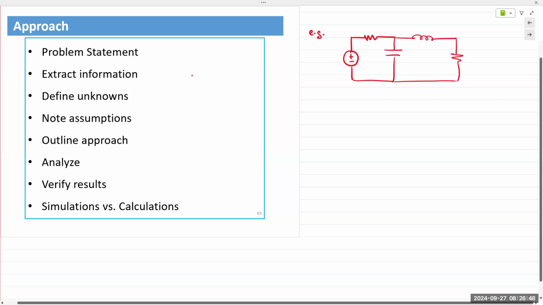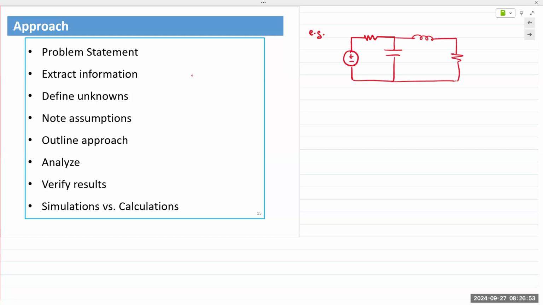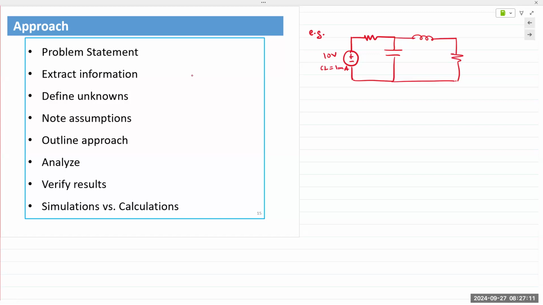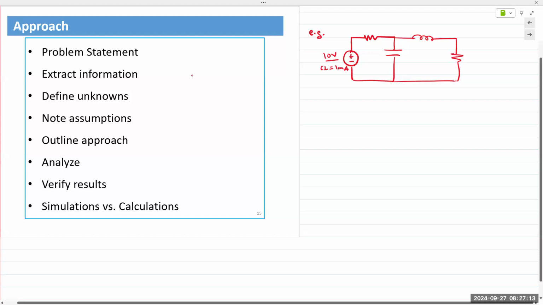It's just a random circuit. Sometimes we have circuit diagrams with values imprinted directly in the circuit diagram.